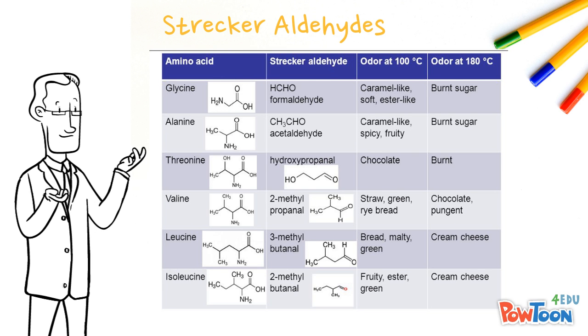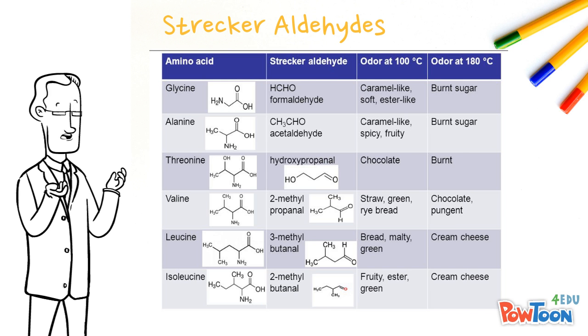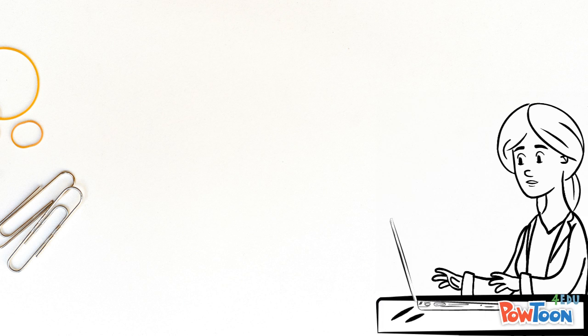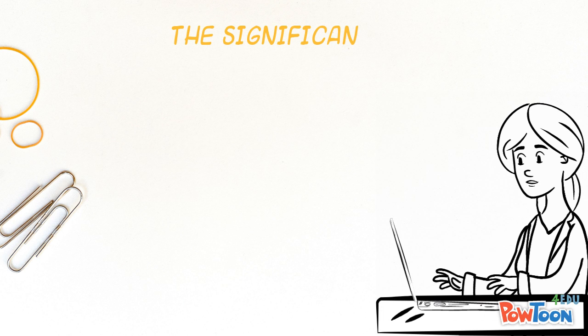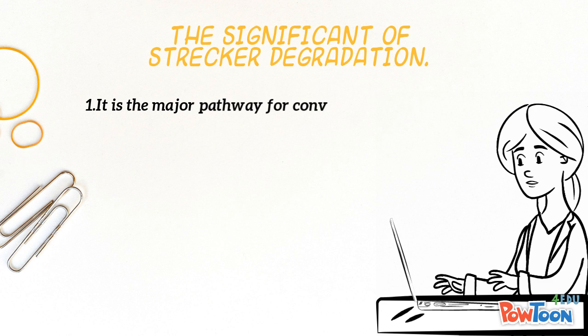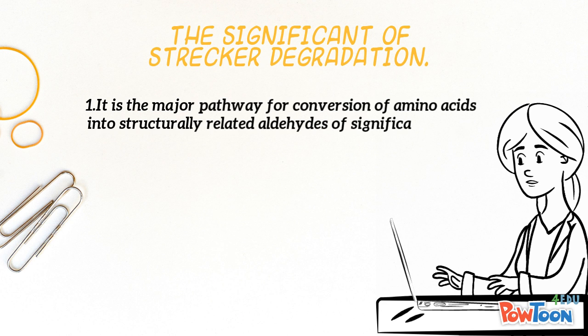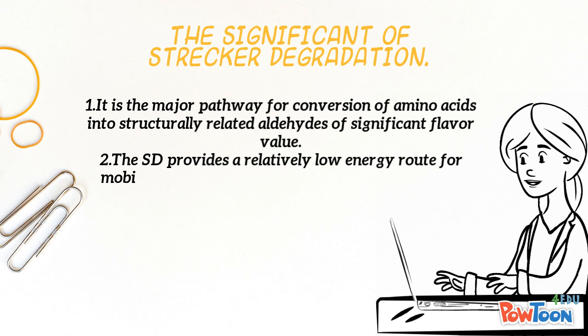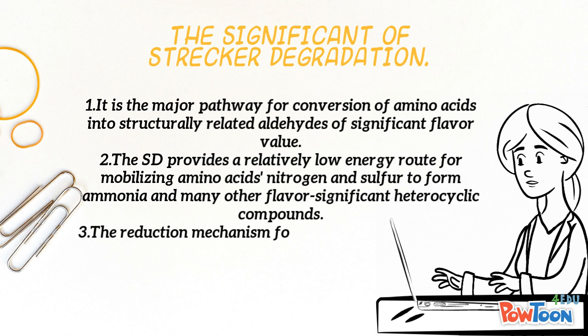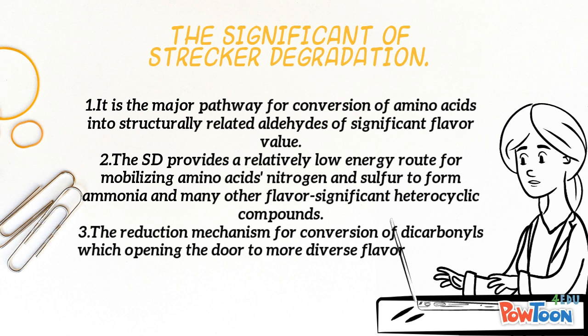After that, a Strecker aldehyde, which contains 1 less carbon atom than the original amino acid, is formed, which contributes to the formation of the cooked aroma. To sum up, the Strecker degradation plays several roles in the formation of the flavor components in processed food. You can see from the picture.